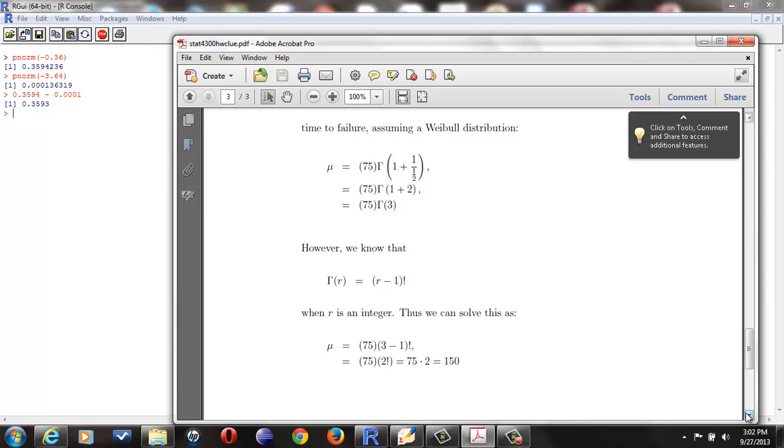But we know that gamma of r is r minus 1 factorial when r is an integer. So that way we can solve this as 75 times 3 minus 1 factorial, or 75 times 2 factorial, which is 75 times 2, which is 150.